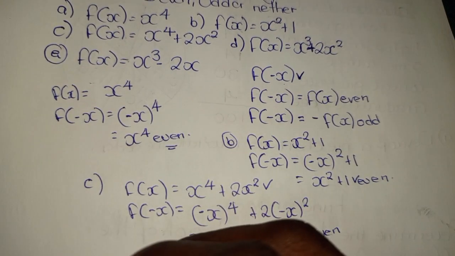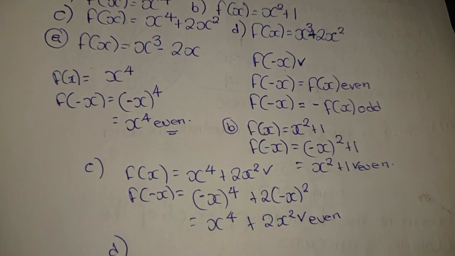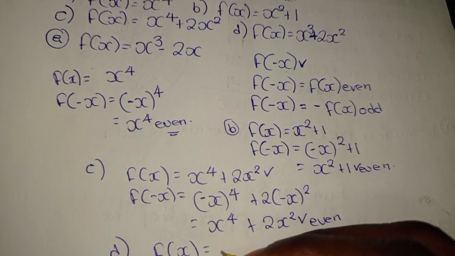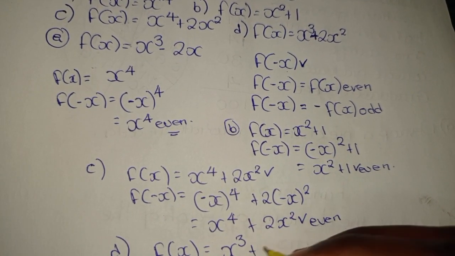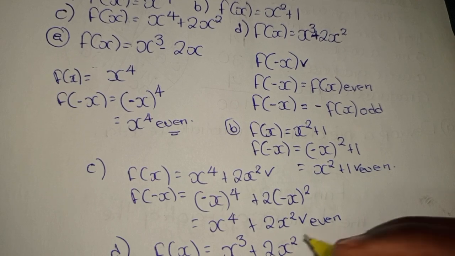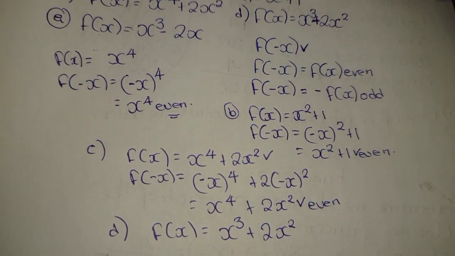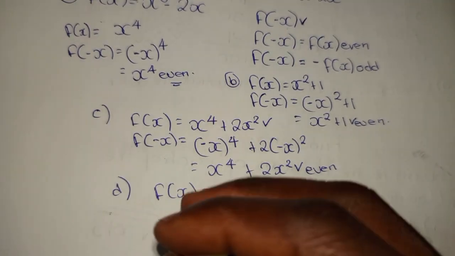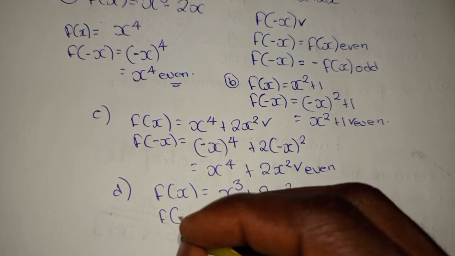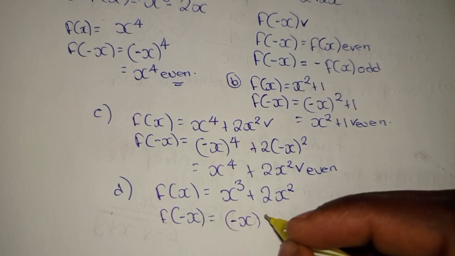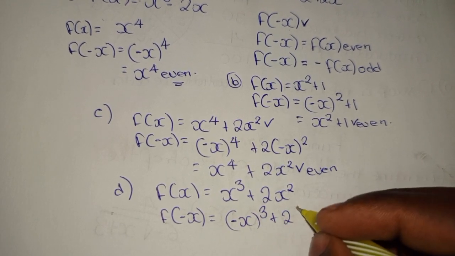Then the fourth one we have is simply f of x equals x to the power 3 plus 2x squared. So we do the same, following the very same rule we have been given. So negative x, and we also put here plus 2 times negative x squared.